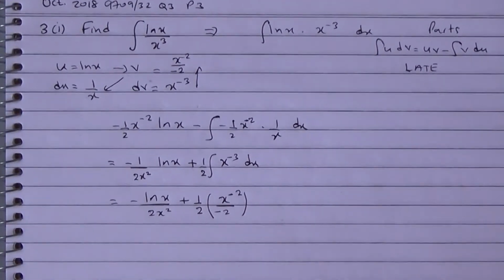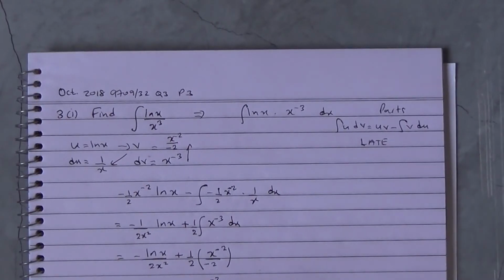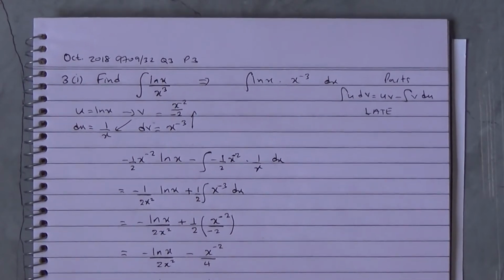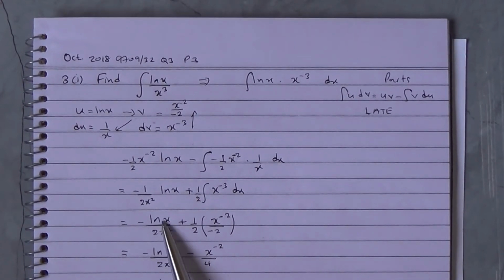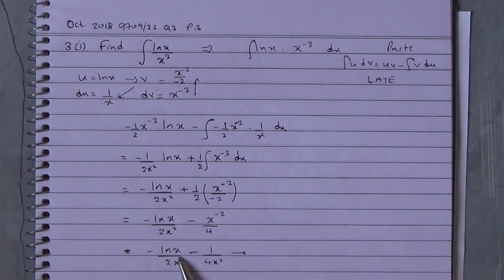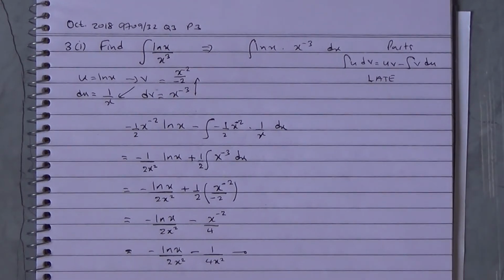So the answer to the question is going to be equal to minus ln x over 2x squared minus x to the power minus 2 divided by 4, plus minus becomes minus, and if you clean this up, you should be able to get minus ln x over 2x squared minus 1 over 4x squared. x squared can come down here using the law of indices.